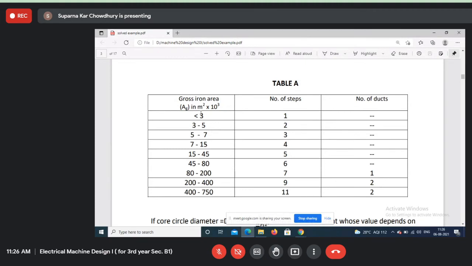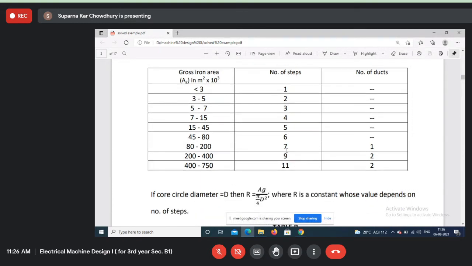Say this is a very small one, so 1 means this is a square core. Then it is 2, 3, and so on. For larger cores, we have to provide ducts in the core. Otherwise, there will be hot spots generated.